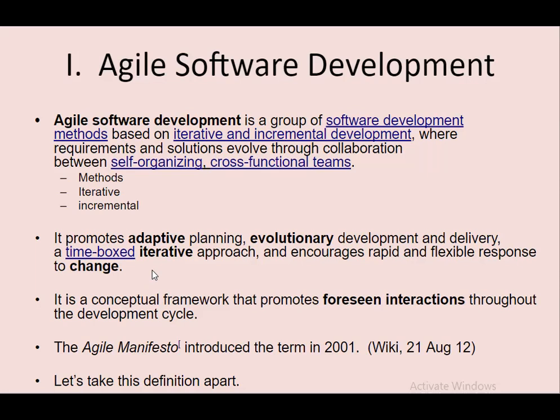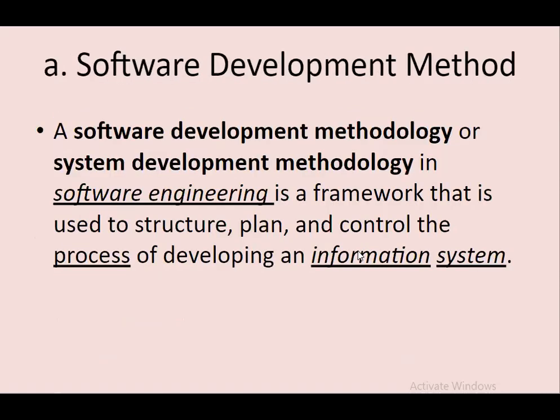Then the Agile Manifesto we have discussed, and one more time we will revise this. Software development method, that we already know, and traditional software development methods many times. A software development methodology or system development methodology is a software engineering framework used to structure, plan and control the process of developing an information system.